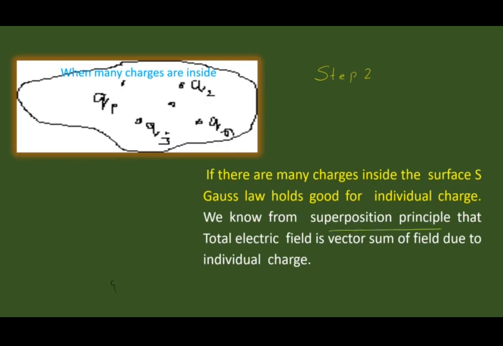This we will show in the next slide. Total flux through the surface is equal to the surface integral of the total electric field, when all the charges are present, into surface element vector ds.